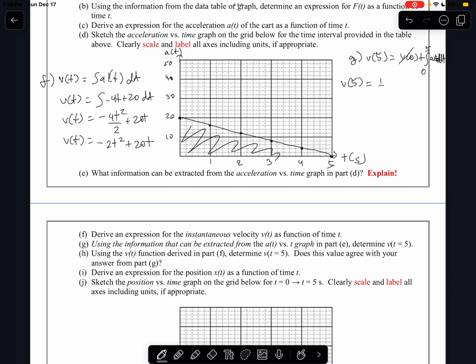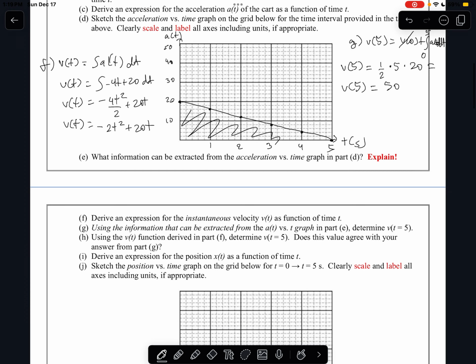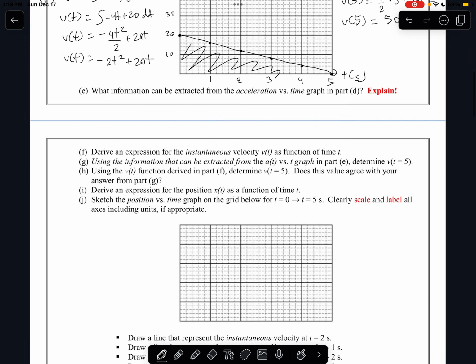v of 5 is going to be one half times base times height. So one half, the base is 5, height is 20. So the velocity at 5 seconds is 50 meters per second.